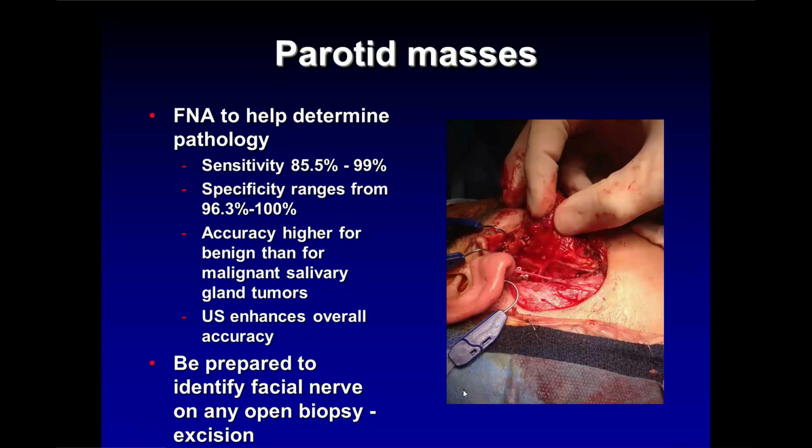So when you go to remove these, it's important that you are prepared and have counseled the patient on likely identification of the facial nerve, as is seen here. This is the upper division of the facial nerve, lower division here. This is the greater auricular nerve, and this is the parotid mass in between the fingers there. So it's really key to identify that nerve in order to protect it.